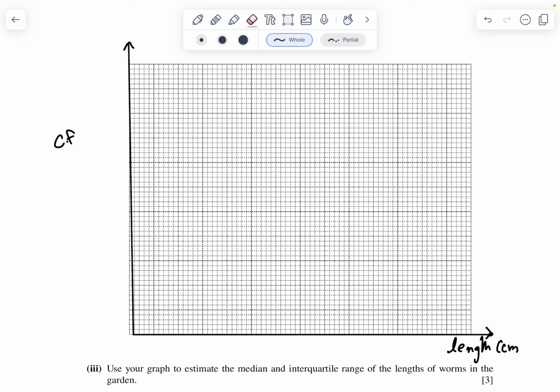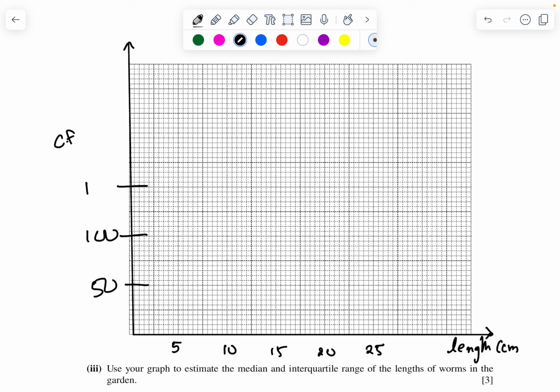So I will be taking double gap. This is 5, this is 10, this is 15, this is 20, this is 25. And the distance is going to be 50. Over here 50, over here it is 100, and over here 150, and over here 200.